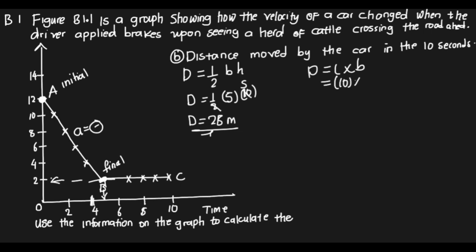Then the breadth is from here up to here, which we'll get from the y-axis, is just 2. So if we multiply 10 times 2 will give us 20. So for our final answer, we need to add the two distances. So 25 meters plus 20 meters will give us 45 meters.